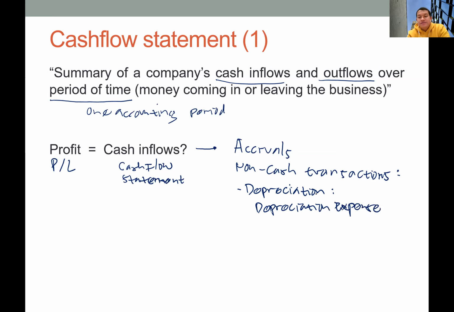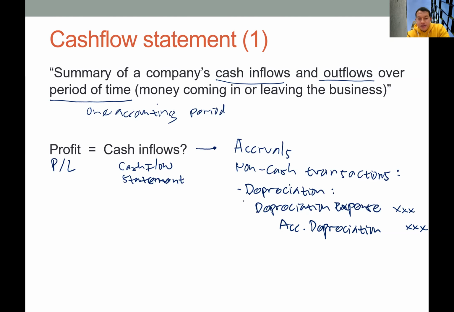And then accumulated depreciation on the credit side. So you can see that there's no cash involved in this journal entry. This kind of transaction will not affect the cash, but it will affect the profit or loss in the income statement.